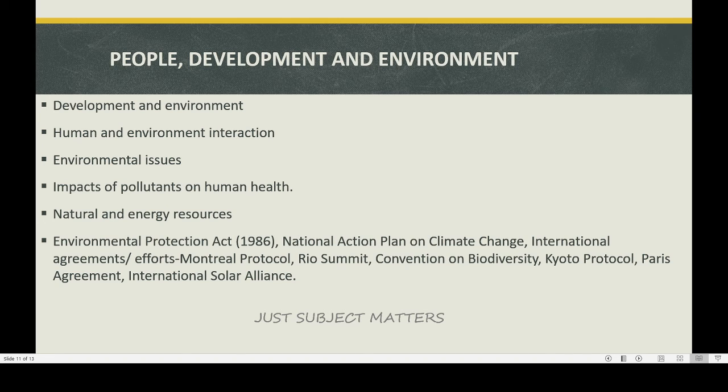Then the environmental issues, be it air pollution, water pollution, soil pollution, noise pollution, or climate change. So all these are to be dealt with. And then the natural and energy resources, which include the wind, soil, hydro, geothermal, biomass, nuclear and forest. Then the natural hazards and disasters, and the mitigation strategies.